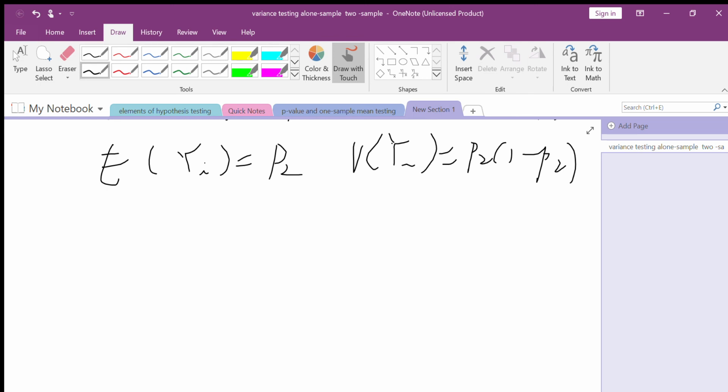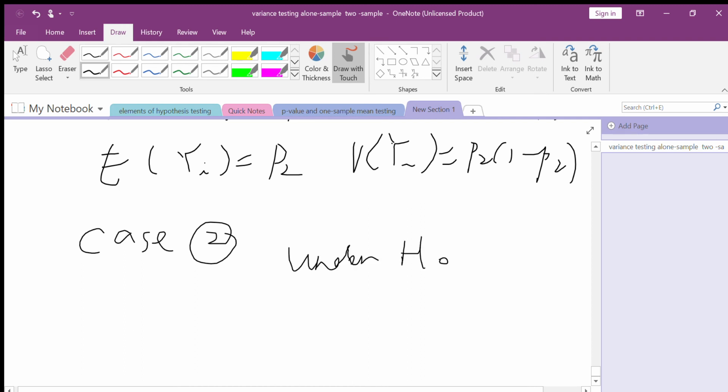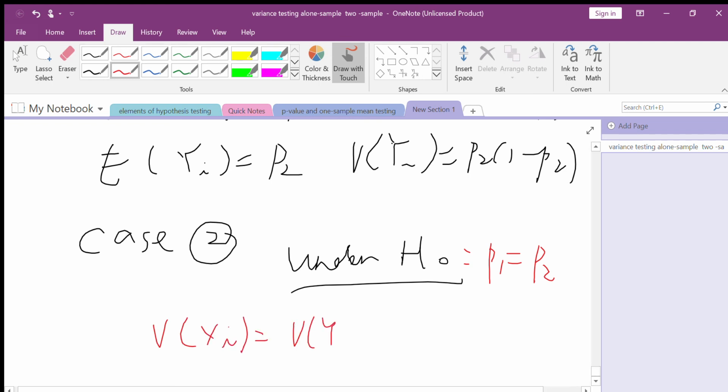And this is case 2. Why case 2? Under H null, which is p1 equals p2, we know the variance of Xi equals the variance of Yi. So the variances are equal, which means sigma 1 squared equals sigma 2 squared.